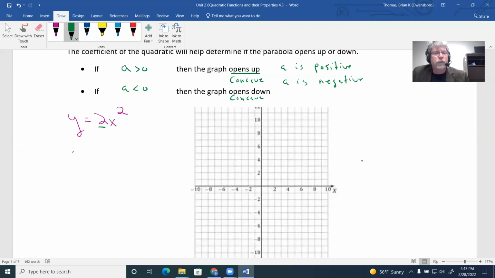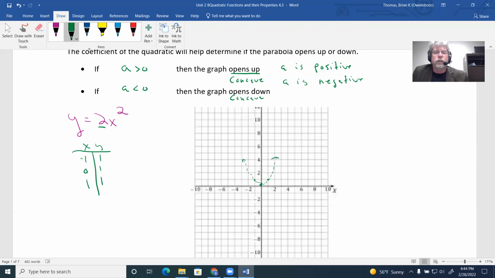If I go ahead and graph this, remember the parent function is that (-1, 1), (0, 0), and (1, 1). So if I was graphing the parent function over here, I'll just do this in green. We'd have that (-1, 1), (0, 0), and (1, 1). And the graph would kind of take on that curve there. It'd be that kind of shape there.